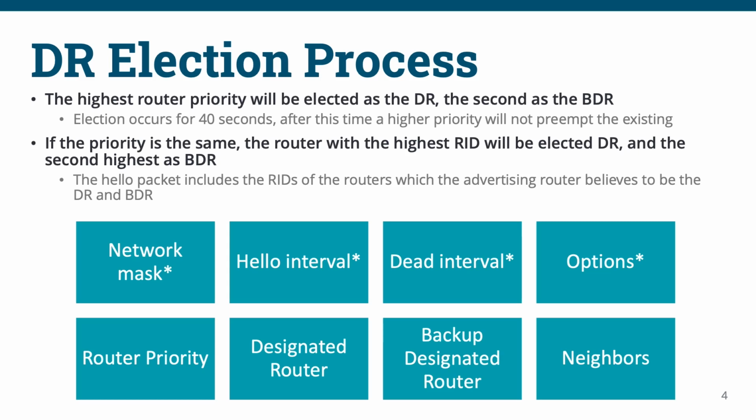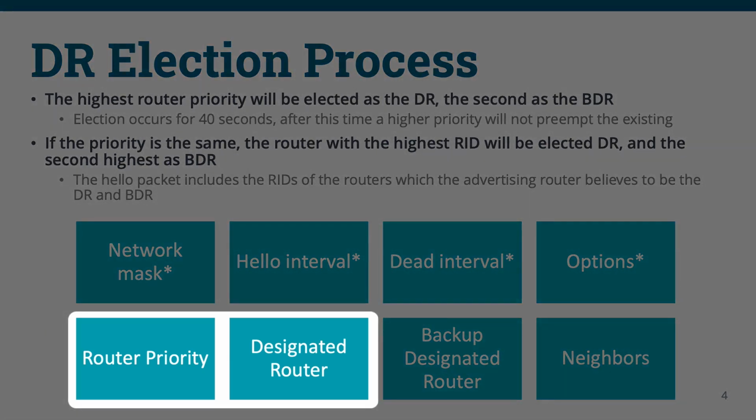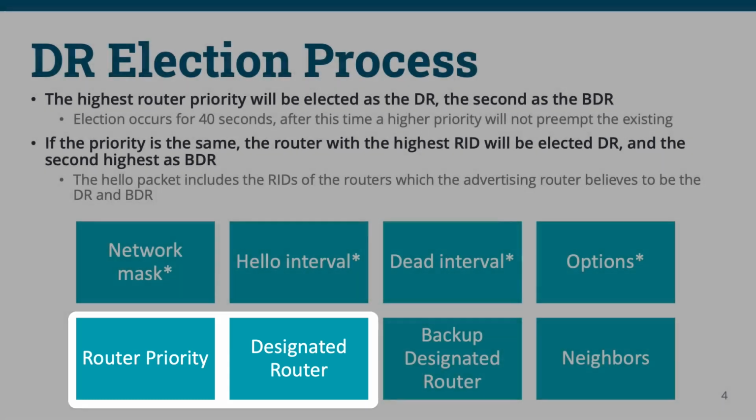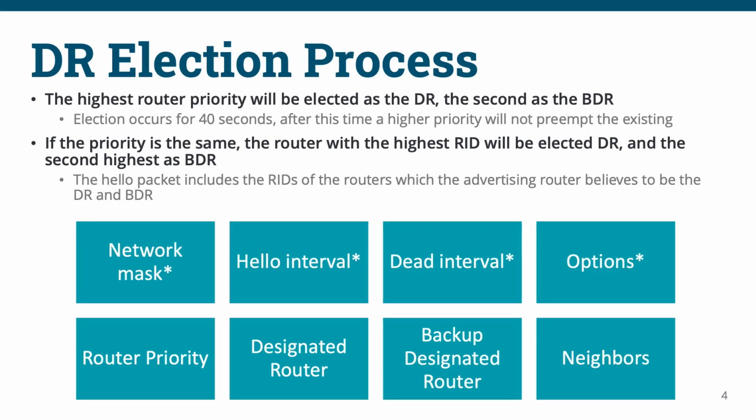During the time that the election is occurring, the designated router and backup designated router fields in the hello packet shown here are populated with zeros, indicating an election has not yet occurred. Once the election has completed, the fields are populated with the router IDs of the respectively elected DR and BDR.